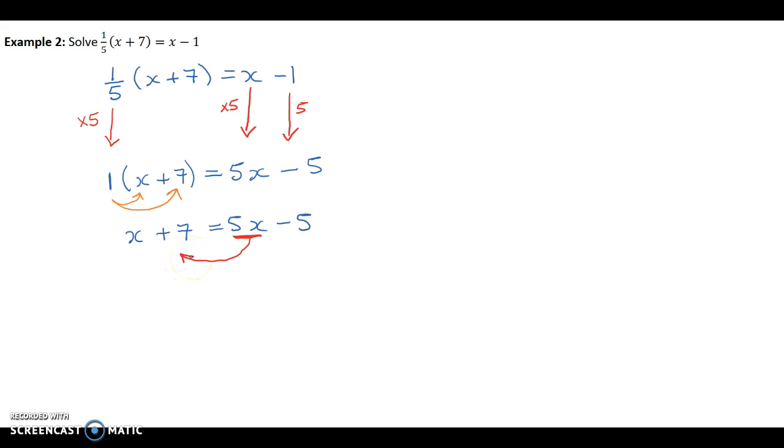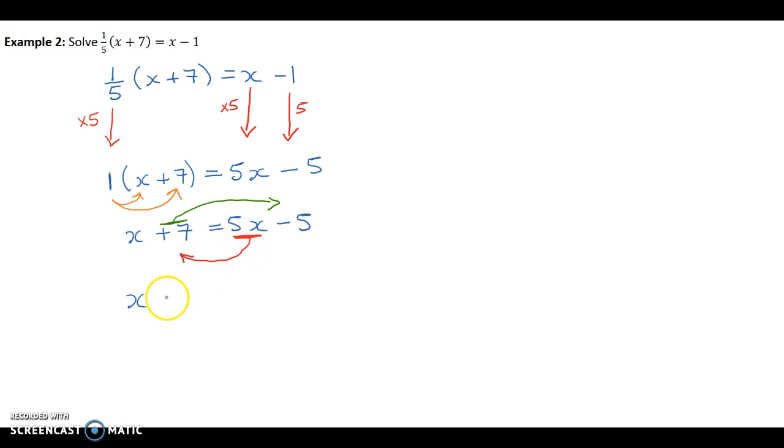So that would mean moving the 5x over. And also, the 7 is in the wrong place, so we're going to take the plus 7 and move that to the right. So again, we're going to end up with x's on the left, numbers on the right. On the left we have x, because x was there already, and now we're moving the 5x this way.